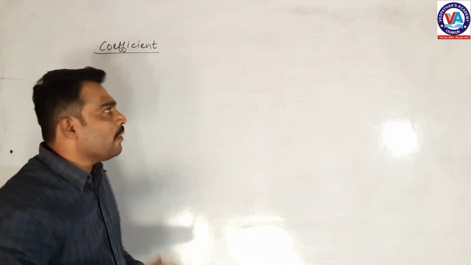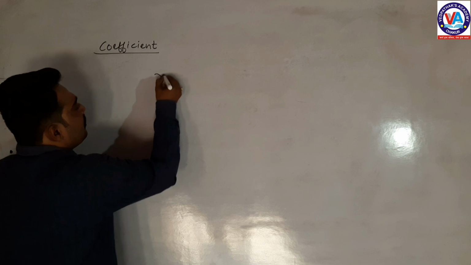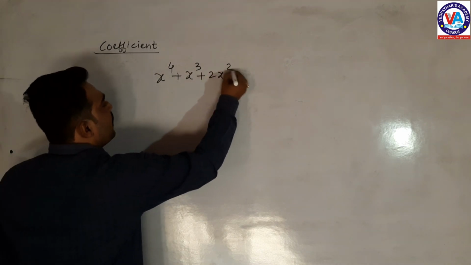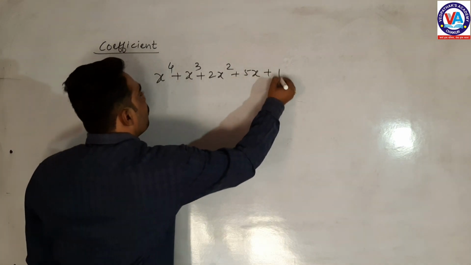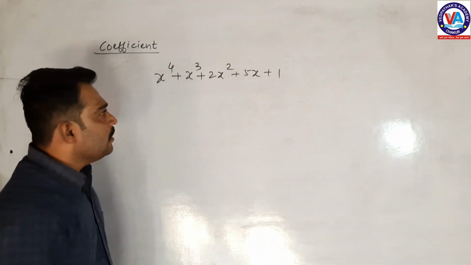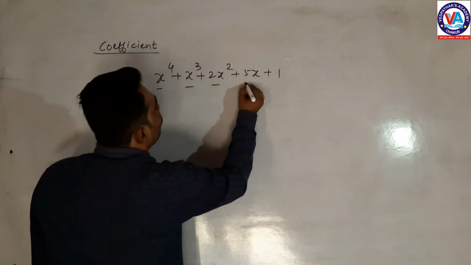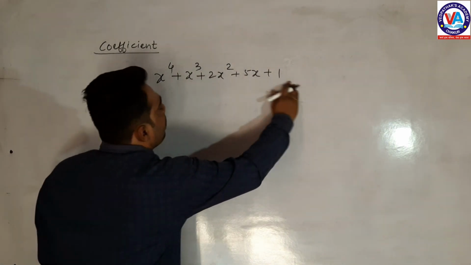Now take few more examples. Suppose x to the power 4 plus x cube plus 2x square plus 5x plus 1. So this polynomial is consisting of 1, 2, 3, 4 and 5 terms.